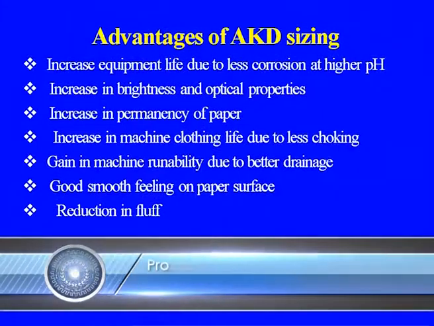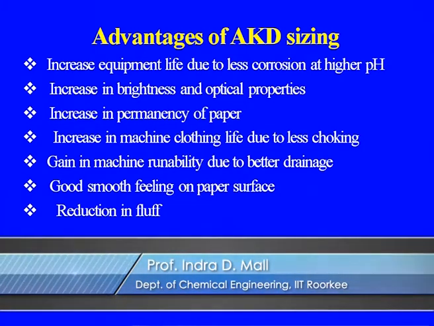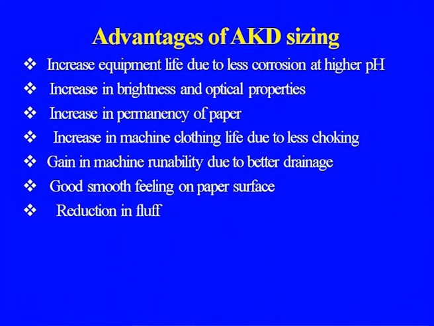Advantages of AKD sizing. These are some of the advantages: increase in equipment life due to less corrosion at higher pH, increase in brightness and optical properties, increase in the permanency of the paper, increase in machine clothing life due to less choking, and gain in machine runnability, which is very important in machine operation, due to better drainage.